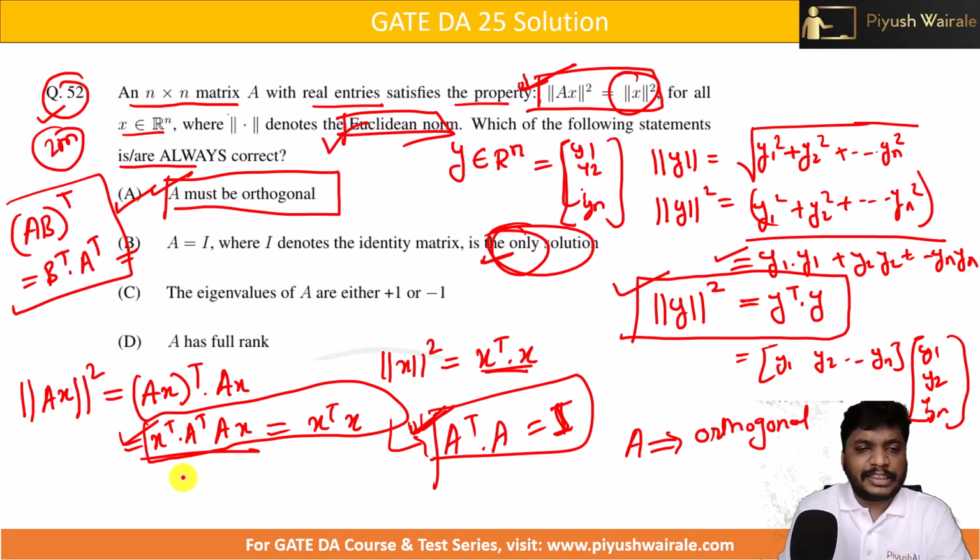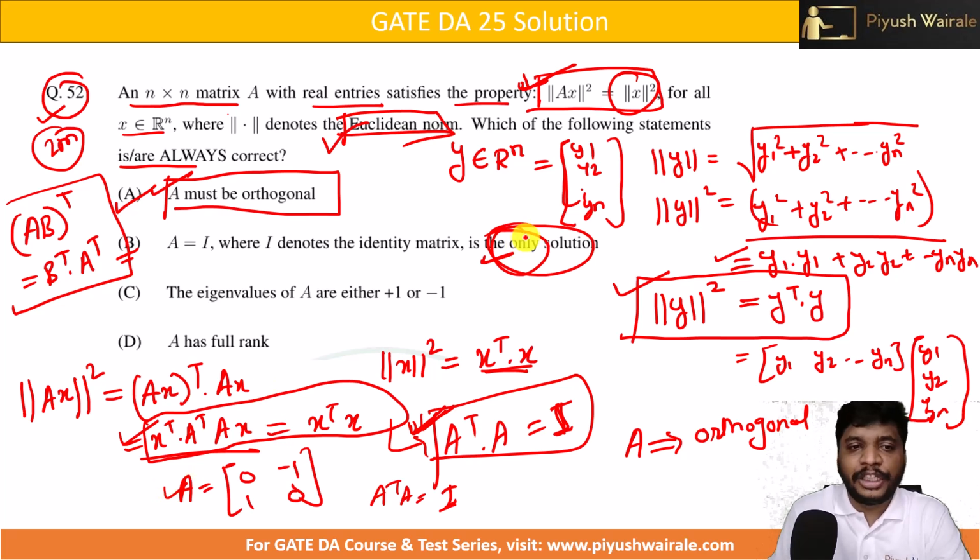For example, if I take this matrix A equals 0, minus 1, 1, 0, and take the transpose of this, it will be 0, 1, minus 1, 0. If we multiply this A transpose into A, it gives me I. So A can be this one. It's not the only solution. This is also possible. Option B is not correct here.